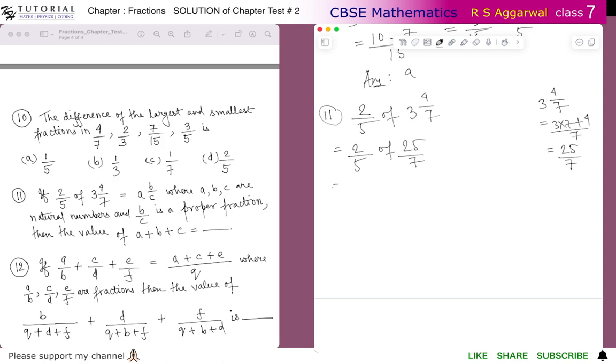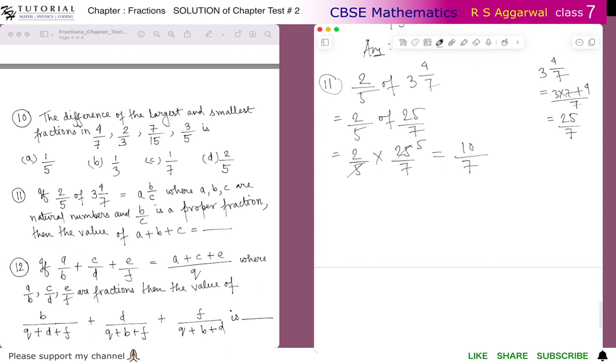Now this becomes 2 by 5 of, which means multiplication, 25 by 7. If we do some cancellation, this becomes 10 by 7. Now it's an improper fraction.